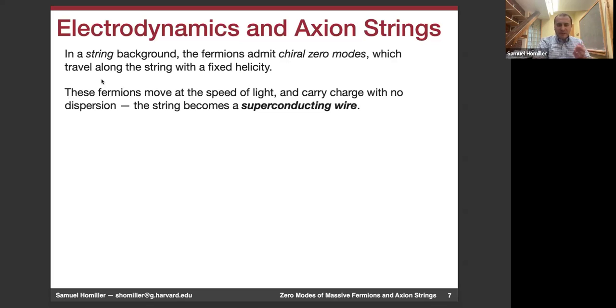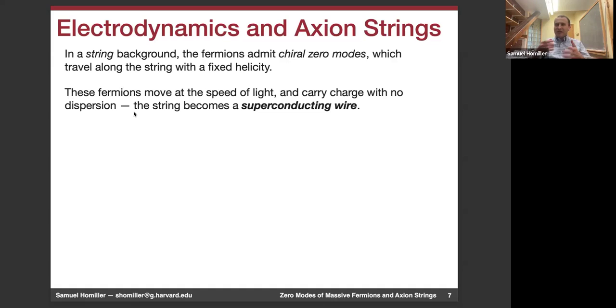And as I'll show you, along the string they move at the speed of light, and they carry charge because the fermions are charged under E and M.